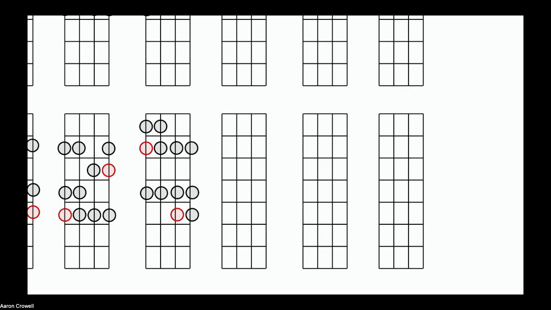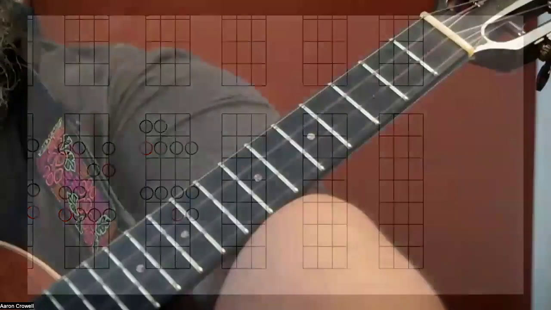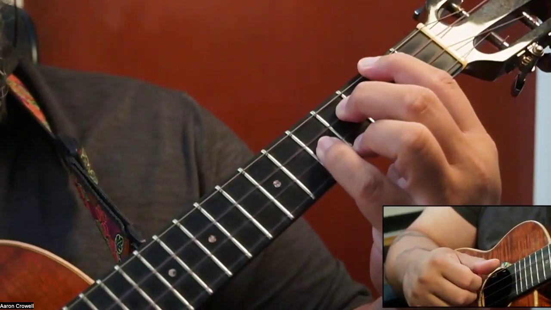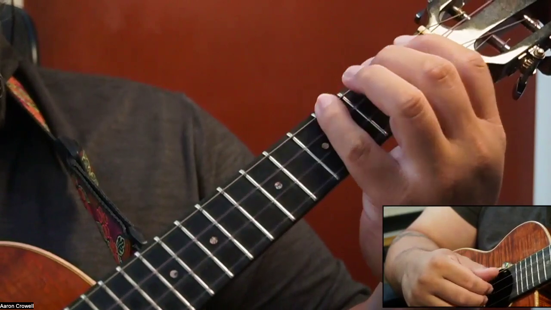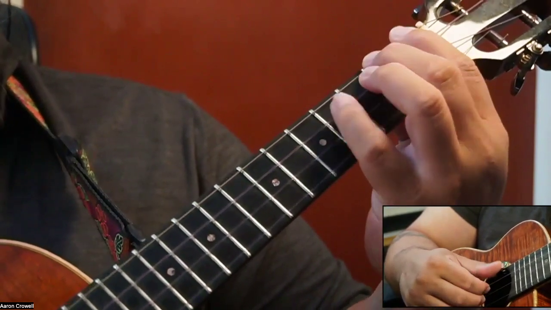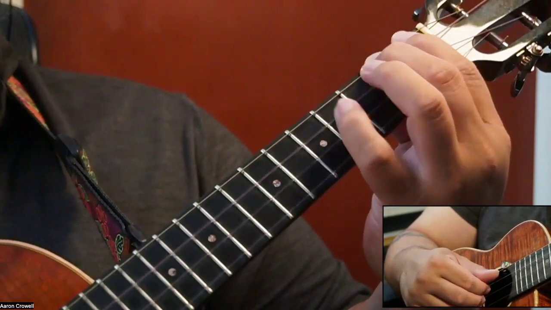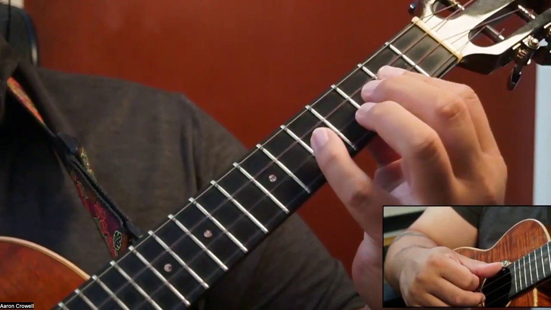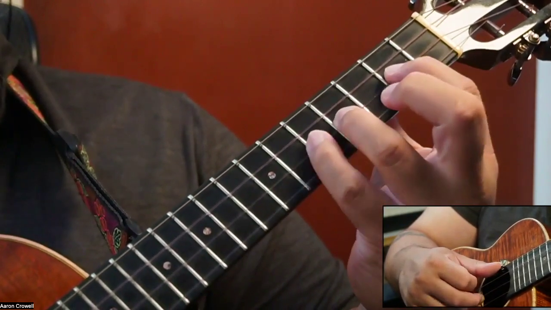Now how does this look when we're playing it? Right? It looks like this. Here's my chord. Here's my shape. Shift. Right? So pointer, middle, pinky. Pointer, middle, pinky. Then we shift up a half step. Pointer, ring, pinky.